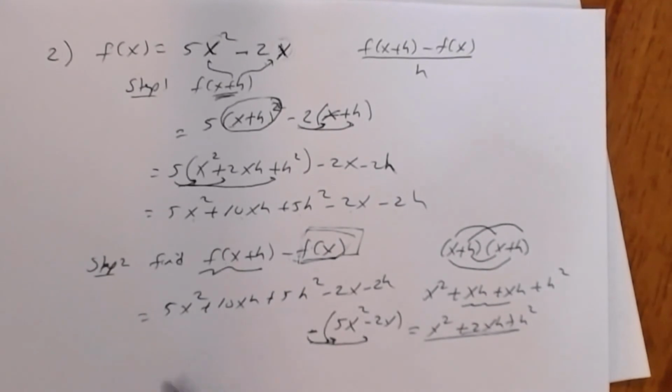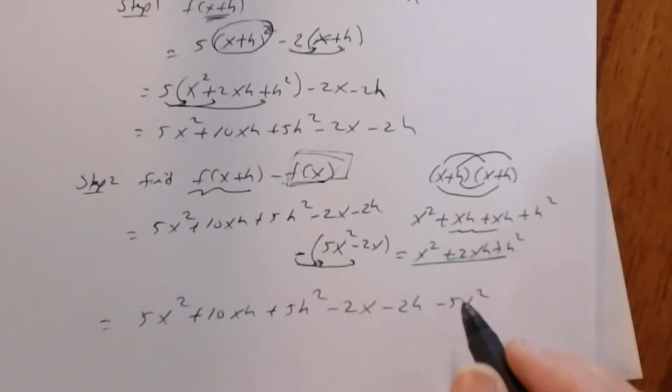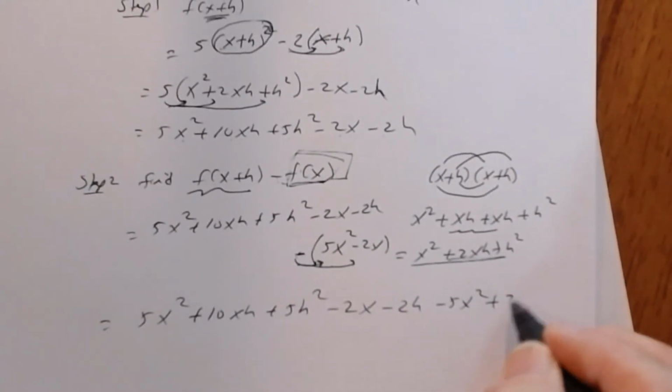All right, now I'm going to rewrite this part, 5x squared plus 10xh plus 5h squared minus 2x minus 2h. And then when I distribute, that becomes a negative 5x squared. And then when I distribute a negative through here, a negative times a negative is a positive, so that's positive 2x.